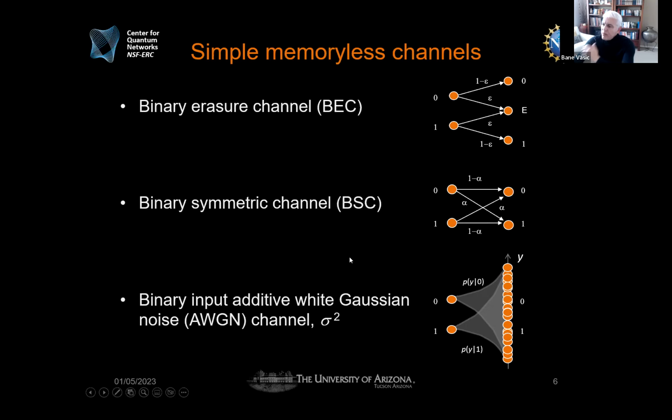And so finally, we have this third channel model that is very often used, that we call the additive white Gaussian noise model. So again, inputs are binary. I represented them as 0 and 1, but after these 0s and 1s are modulated, they can be represented by some other amplitudes. But the output is now continuous.